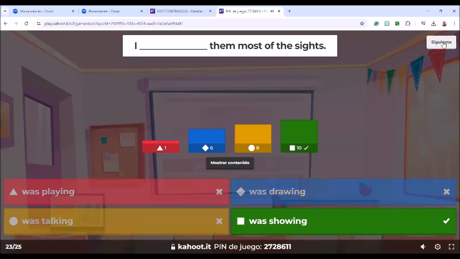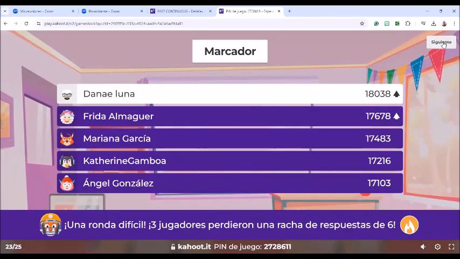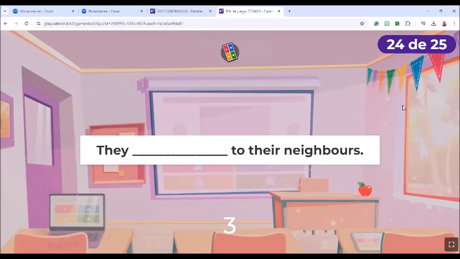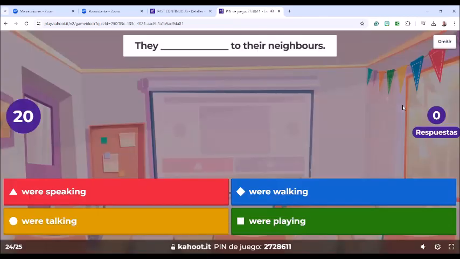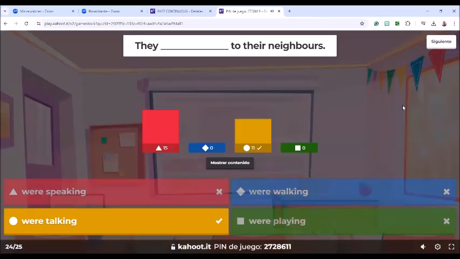I was showing them most of the sites. They were talking to their neighbors.